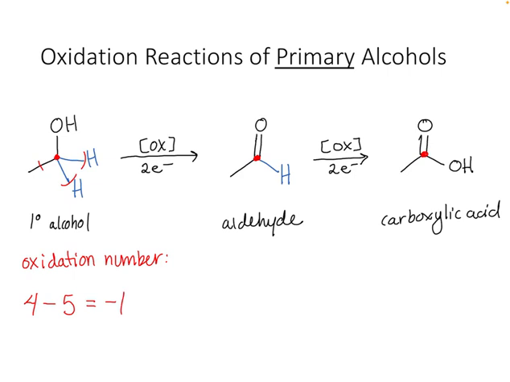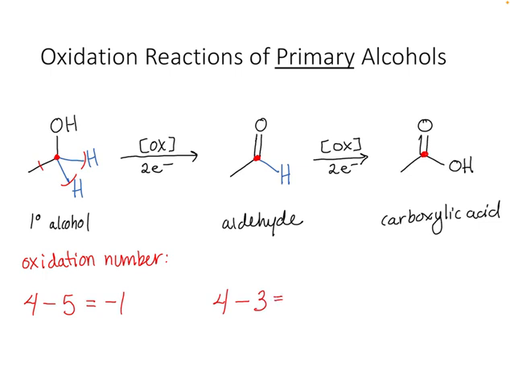Now, an easy way to figure out the other oxidation states is we know we're losing 2 electrons each time. So that means the carbon is losing ownership of 2 electrons each time we go through an oxidation step. So for the aldehyde, that means that the carbon only owns 3 electrons compared to 5 in the primary alcohol.